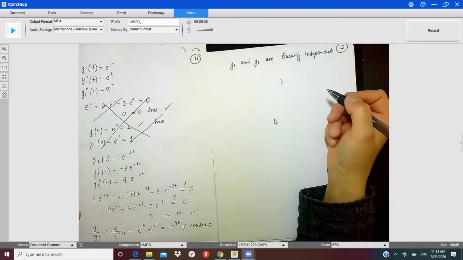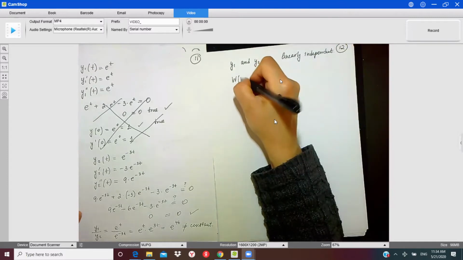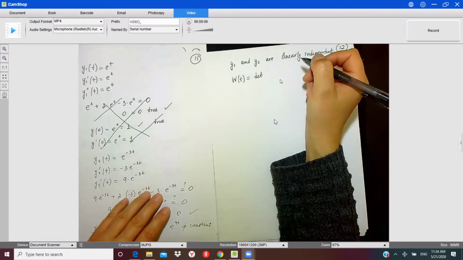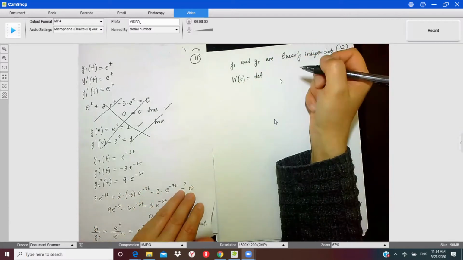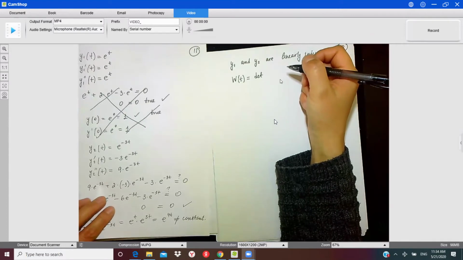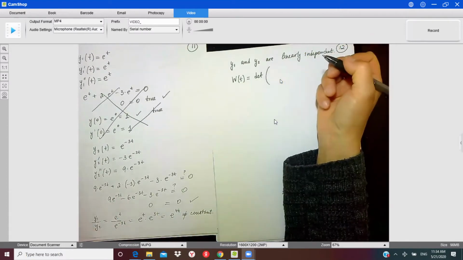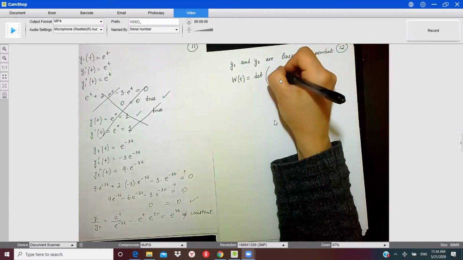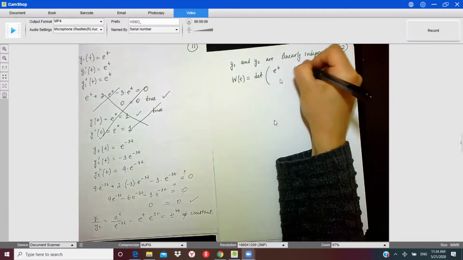And we can also find the Wronskian, right? We can do that to make sure. We already know the answer, but it's just to demonstrate the method. So we take the determinant of the matrix. The first row will be e to the t, e to the -3t.